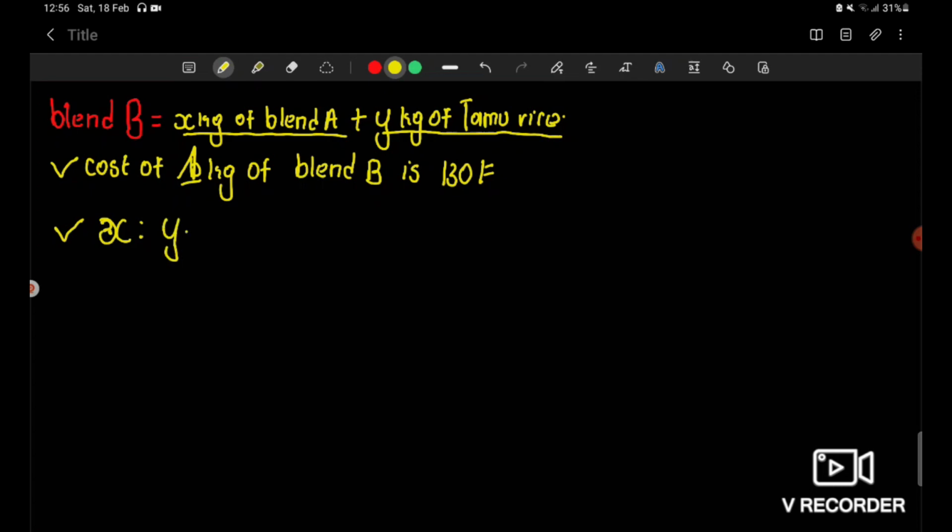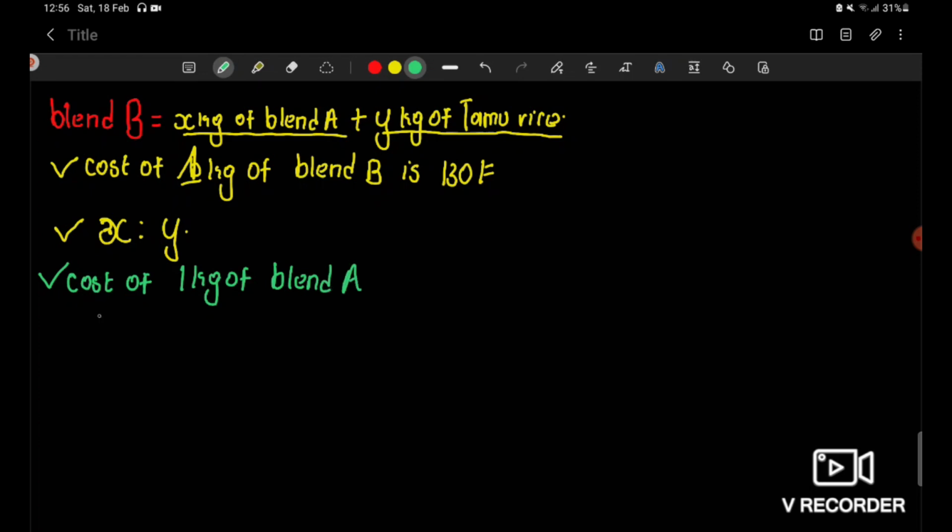So here the question we need to ask ourselves is, what is the cost of 1 kg of blend A?